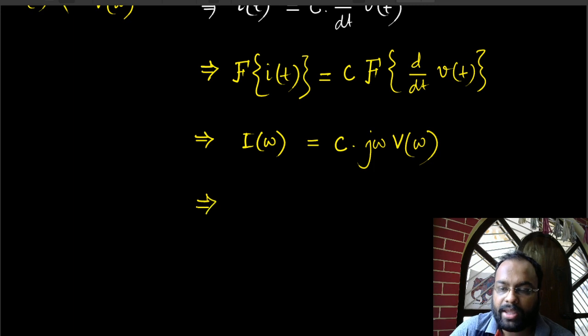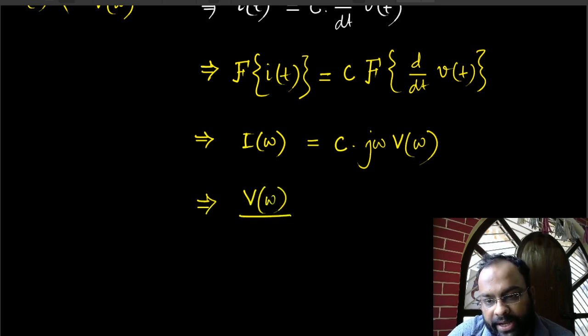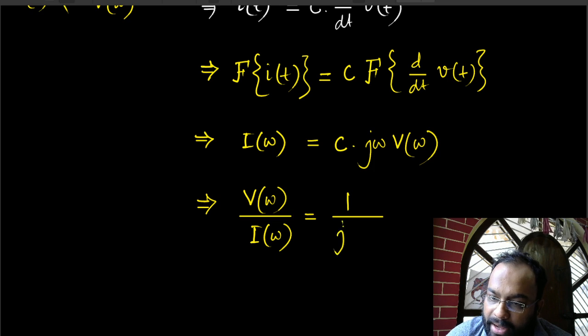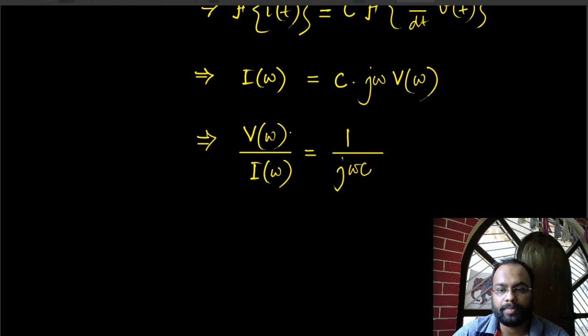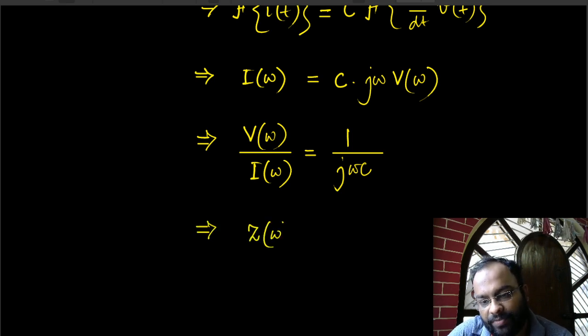But again, if we try to calculate voltage as a function of frequency divided by current as a function of frequency, what do I get? I get 1 by j omega C. This is what we call the impedance of the system. We represent this as Z(omega).